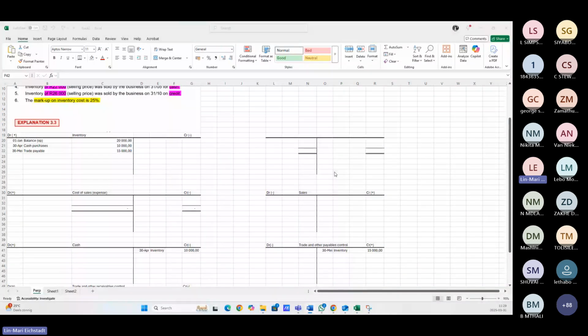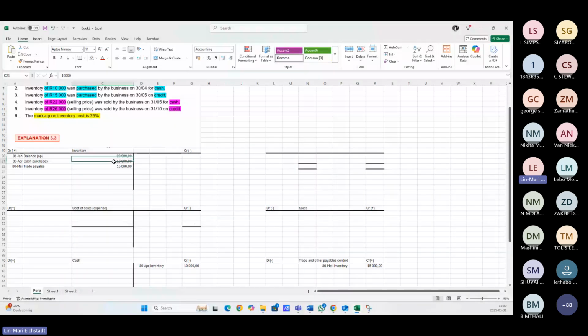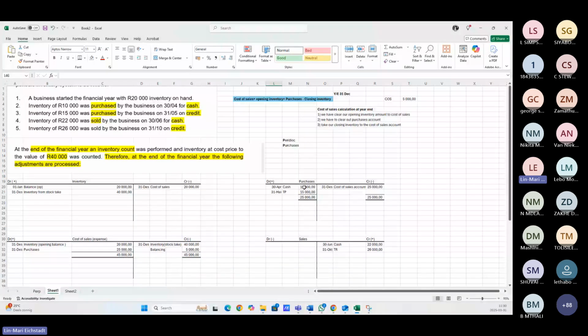Right, so those are to show you the contra accounts just for our opening inventory. What was our balance? Then we purchased some inventory for cash and we purchased some inventory on credit. Then where it's a little bit different, right? These ones are very much the same as what we did in the periodic system, other than where we were debiting the purchases account in the periodic system, we are now debiting the inventory account.